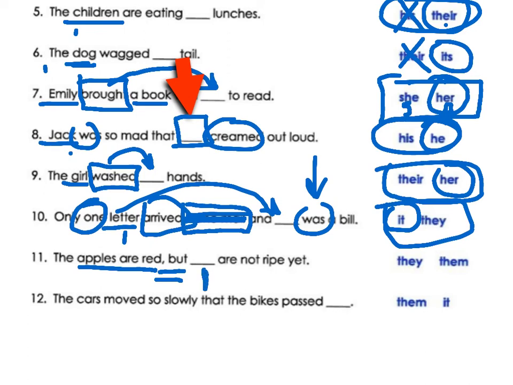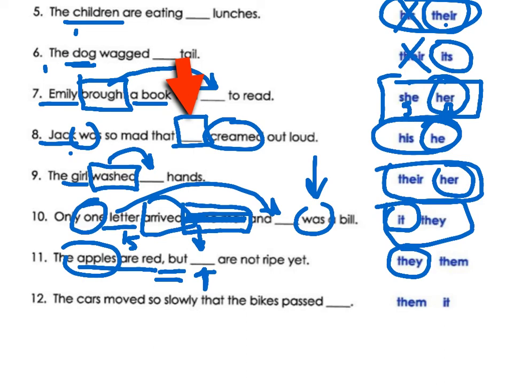So you do need a subject pronoun here, and you look back at the previous sentence to find the pronoun antecedent, and the only noun you've got here is apples, and it's a plural noun. It's got an S on it. So in this blank, we need to have a plural pronoun that is for subjects, and that means they. The apples are red, but they are not ripe yet.